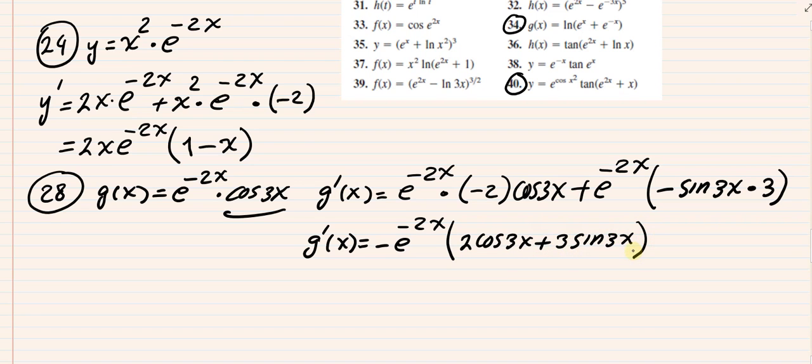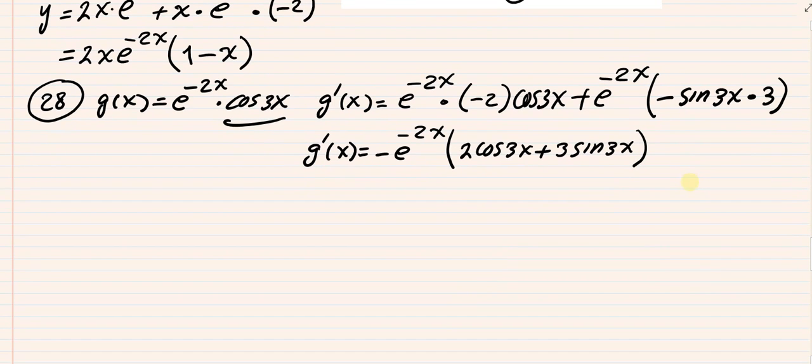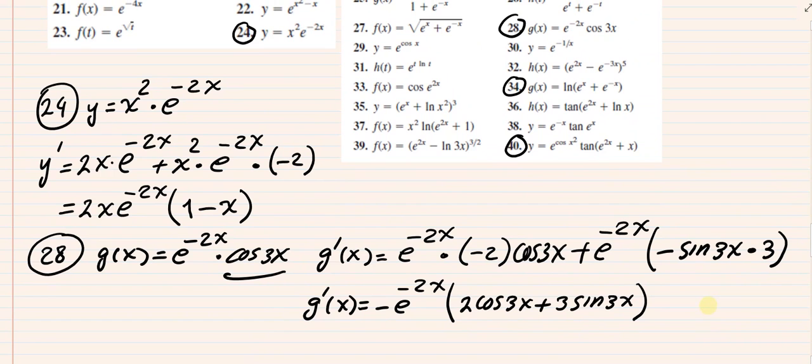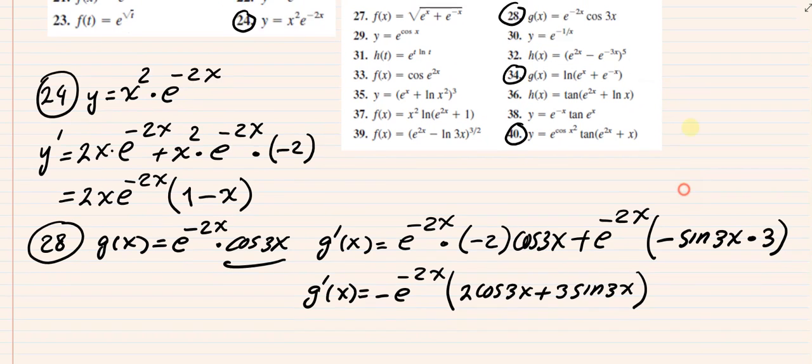In this case, we have a combination in the form of a multiplication of two transcendental functions. That was number 28. Let's take a look at number 34. In number 34, we have ln of e to the x plus e to negative x.